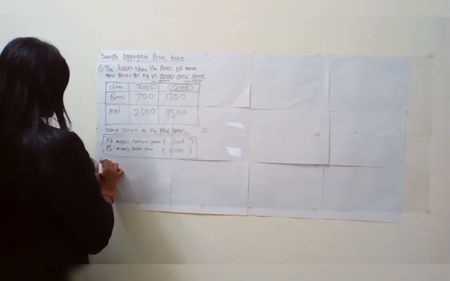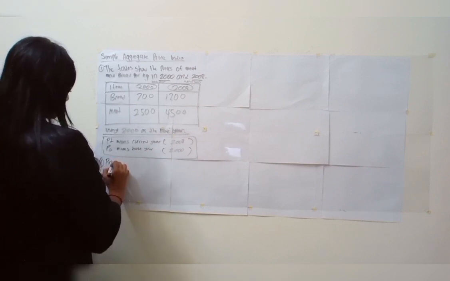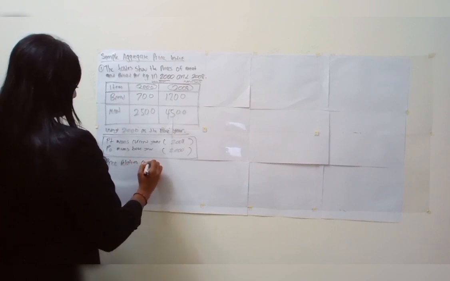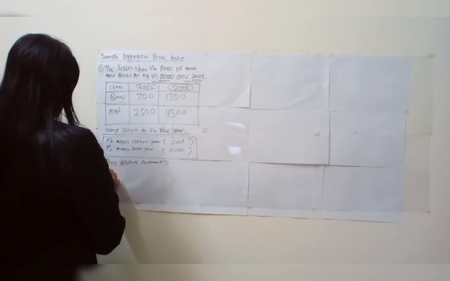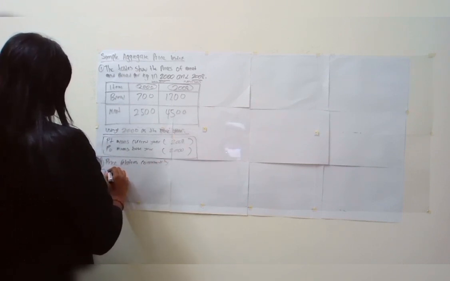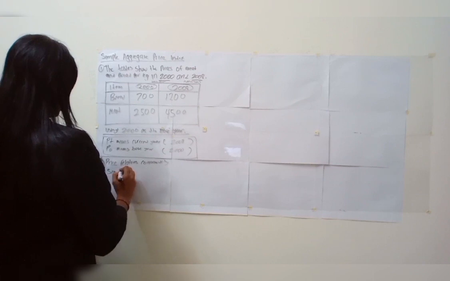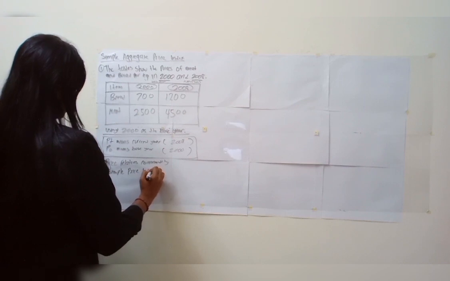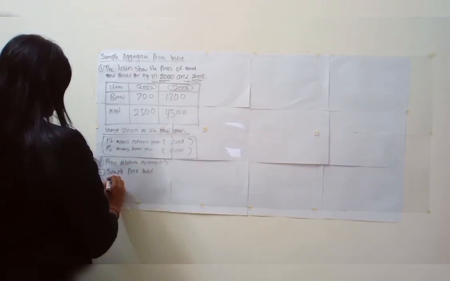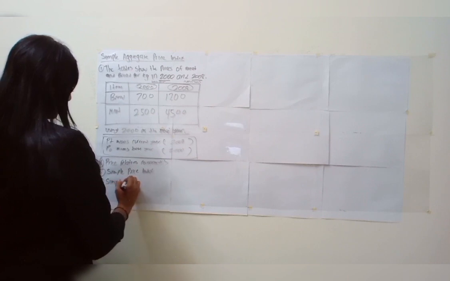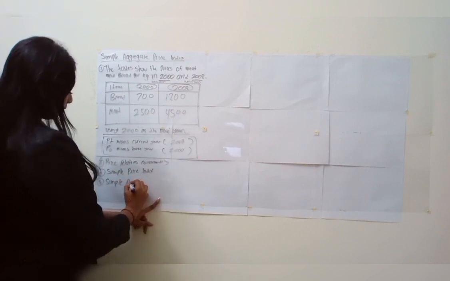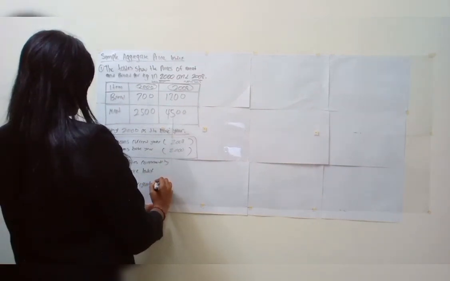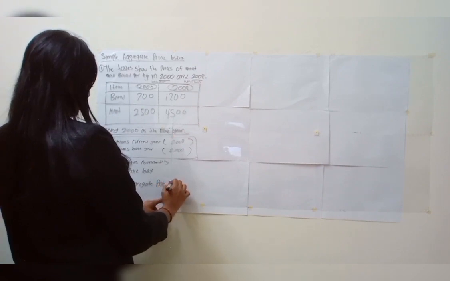The first is price relative, the second is simple price index, and lastly the simple aggregate price index.